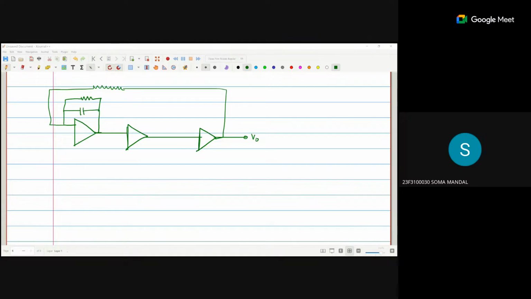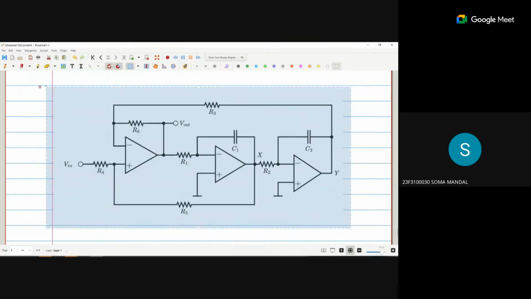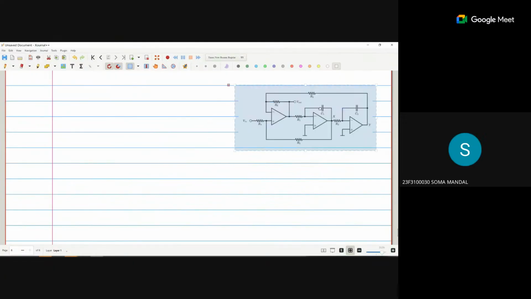Please see the question. Third op amp output is Y. Middle op amp output is X. Yes, sir. This is the circuit.